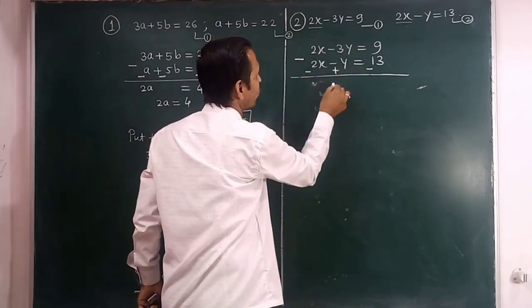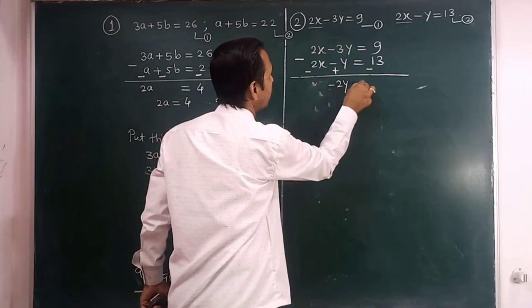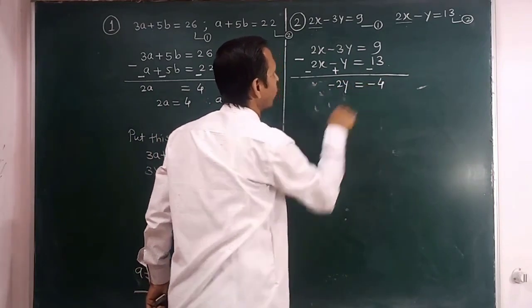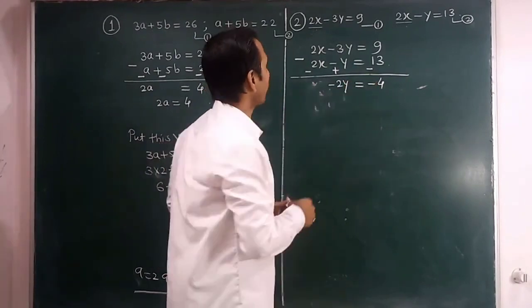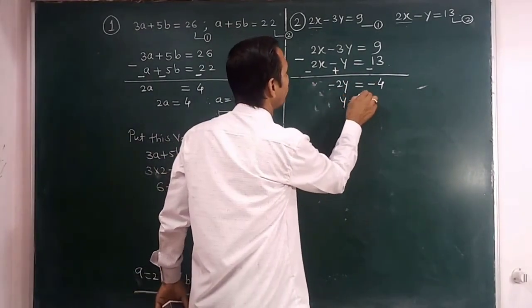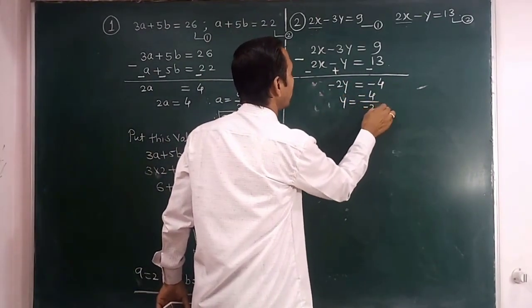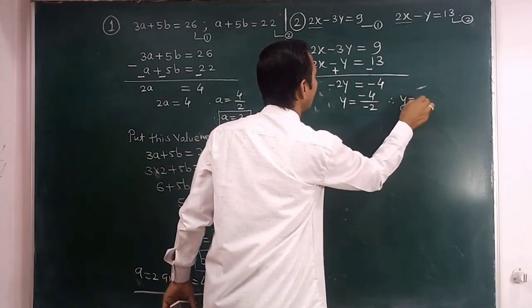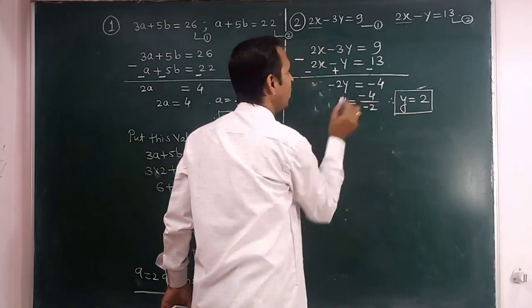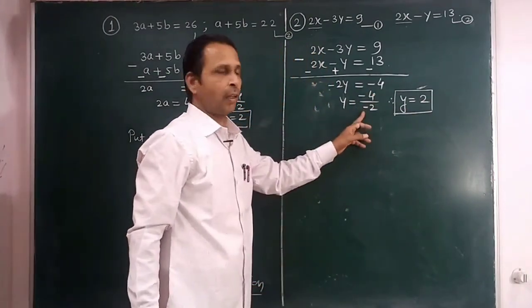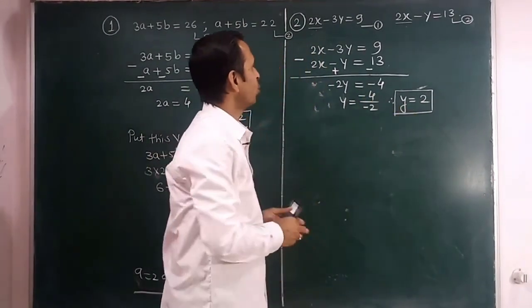Minus 3y plus y, that is minus 2y, is equal to minus 4. 9 minus 13 means minus 4. And hence y = -4/-2, and hence y = 2, because the minus minus signs cancel here, and that's why the value is 2.